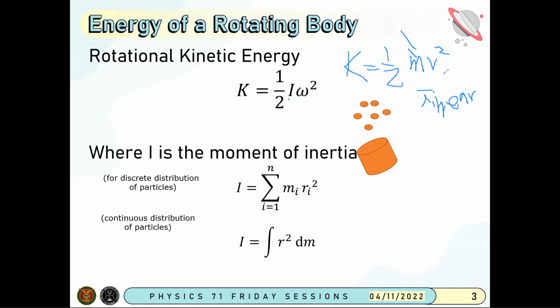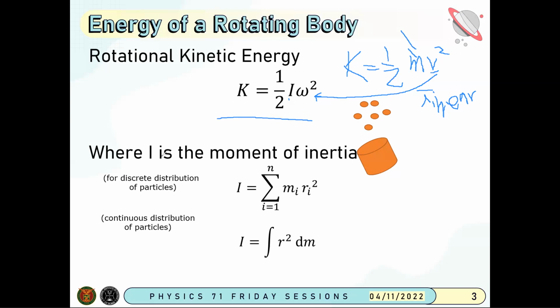And then we have this linear velocity, which is analogous to the angular velocity. So it has the same form, both have 1/2, both have the velocity squared, etc. So this is the rotational correspondence of the kinetic energy.